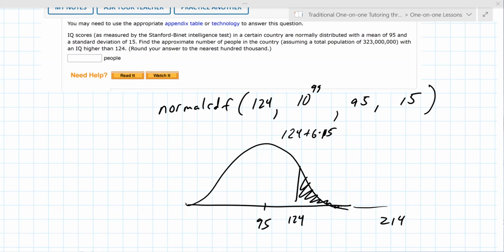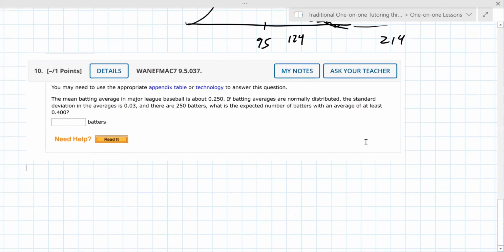Okay, 10. So 10 is similar. Let me snip that in. Your lower number, because it wants the probability greater than or equal to 0.4, so your normal CDF lower is 0.4.